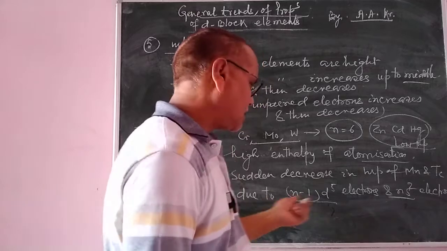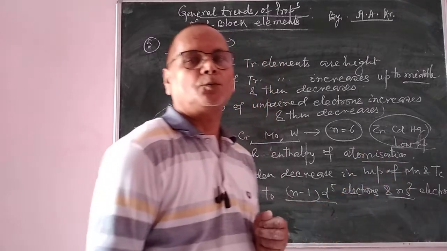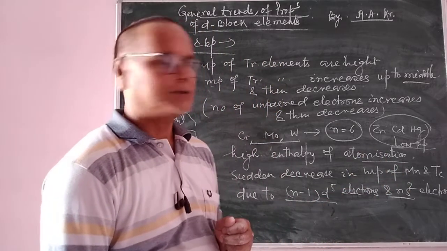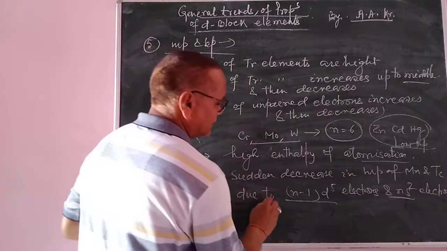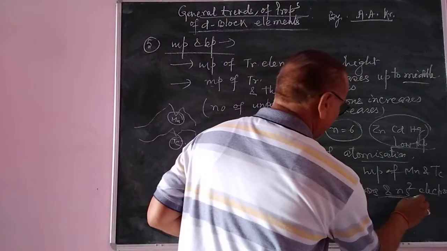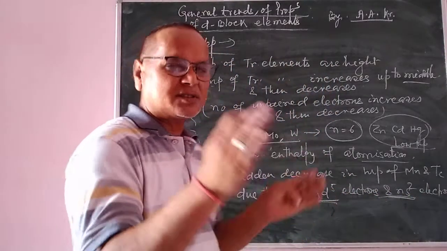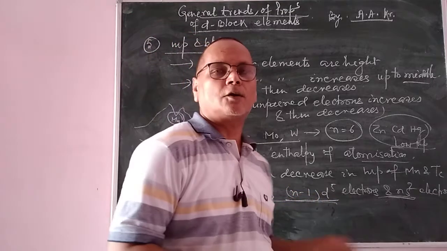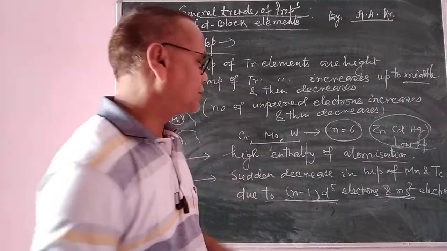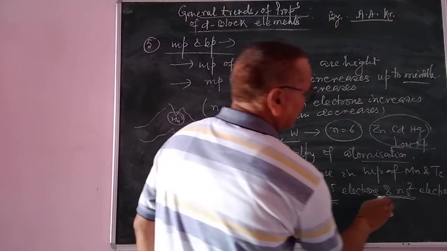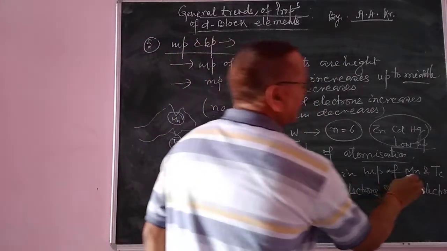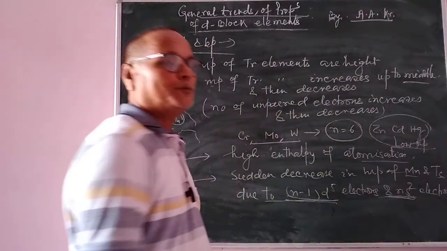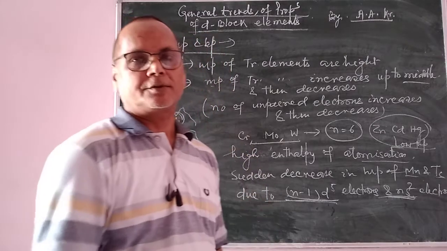So the metallic bonding will be very little. These d5 electrons are held by the nucleus and will not allow metallic bond formation. So due to the stable electronic configurations in Mn and Tc, the melting point suddenly decreases.